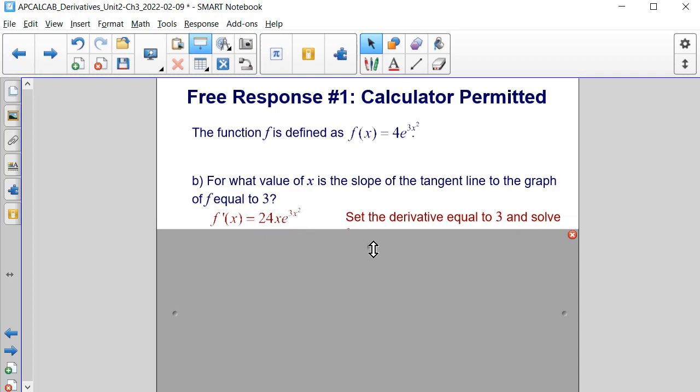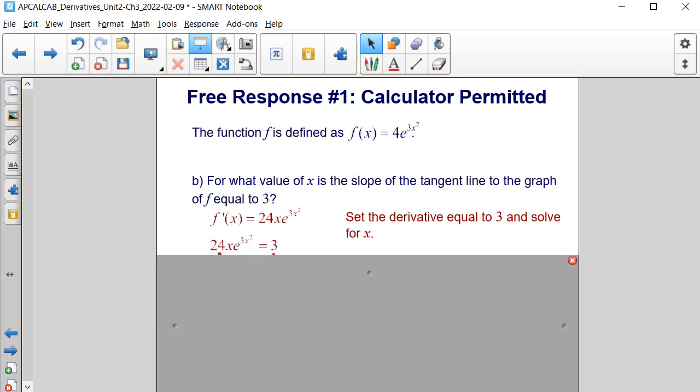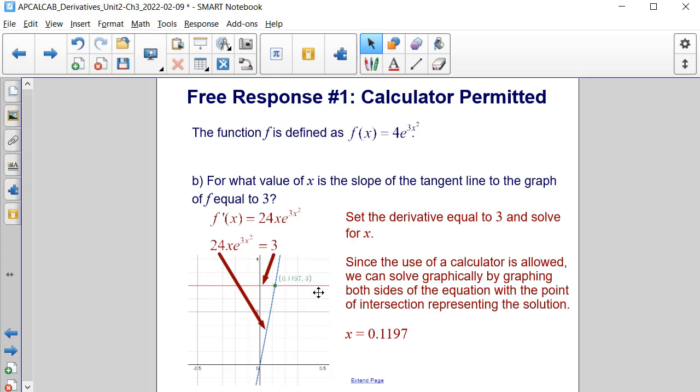And then if we were to set the derivative equal to 3 and solve for x, we will end up getting that value. And you can do that graphically by graphing them both in a coordinate plane and finding that point of intersection. And we're using that because the use of a calculator is permitted, and it's a little bit faster to do it this way.